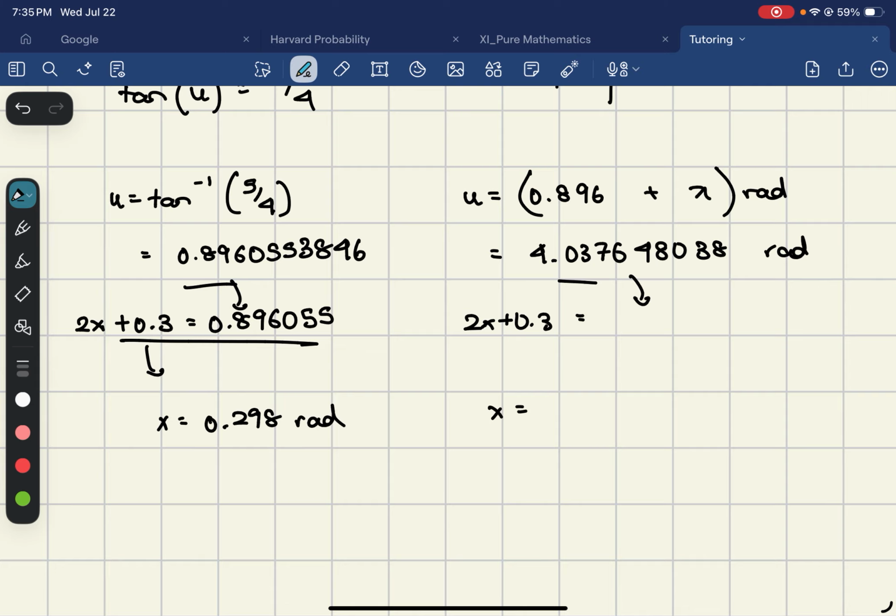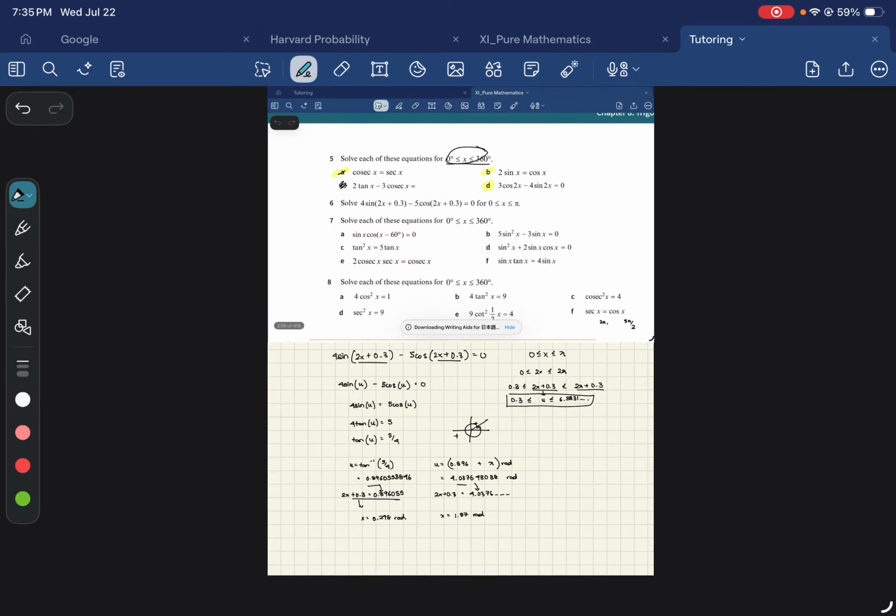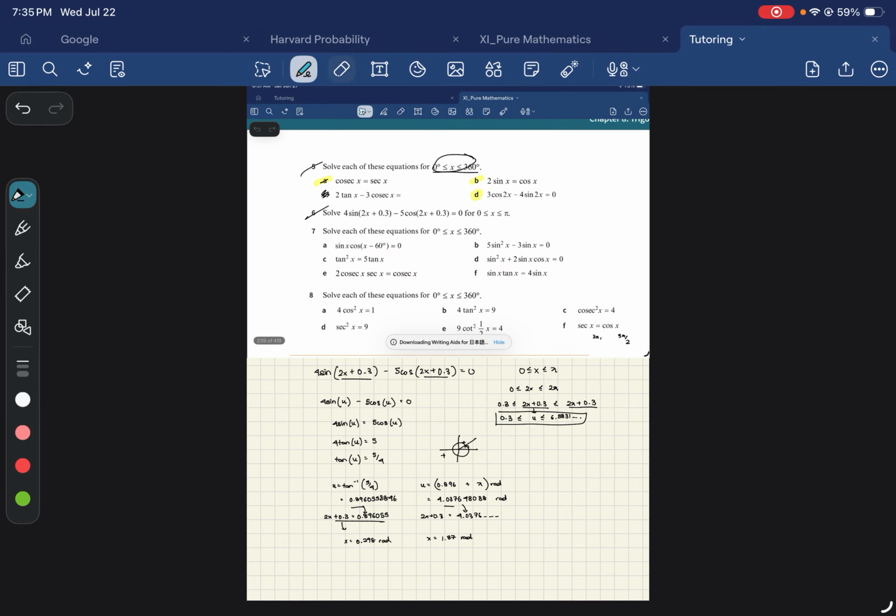And if you solve this, so I'll let you fill in the dots by yourself. You are going to get 1.87 radians. All right, so those are your 2 solutions for question 6. So 0.298 radians and 1.87 radians. All right, so we are done with 5 and 6.